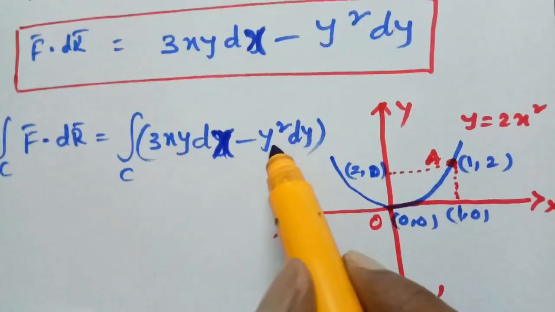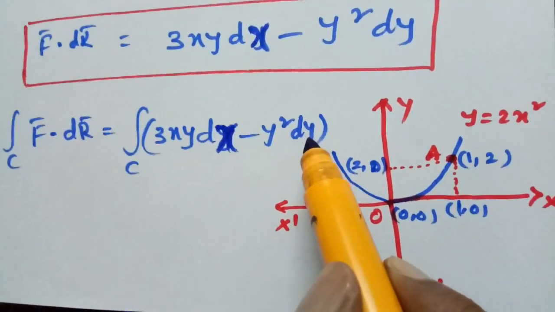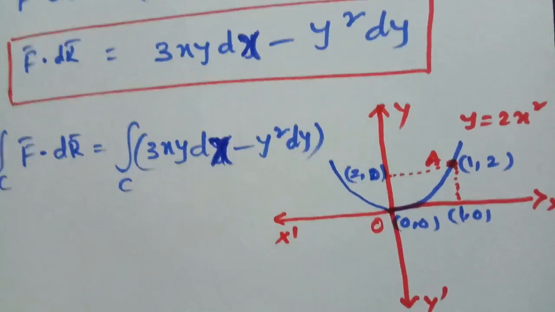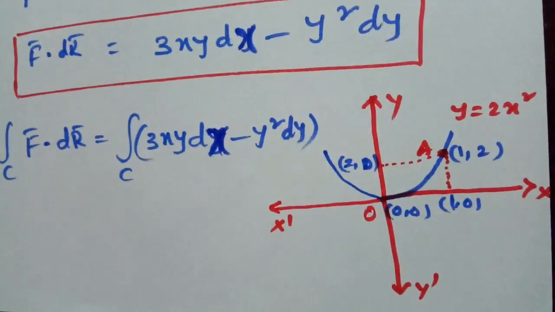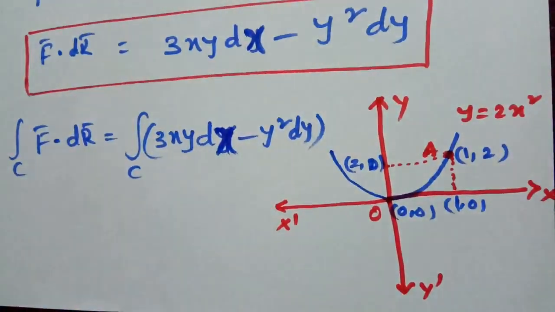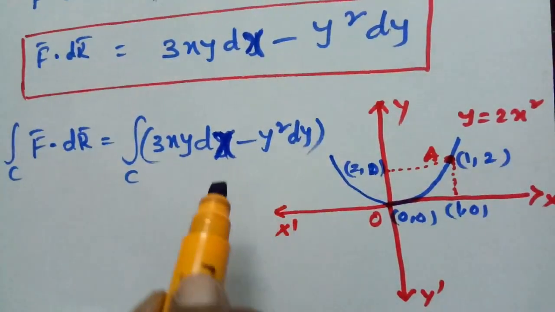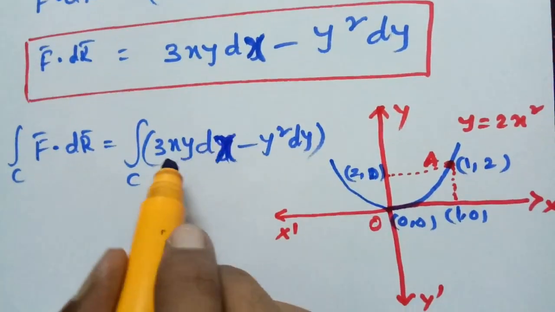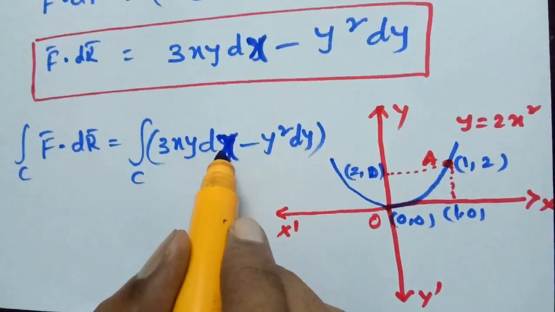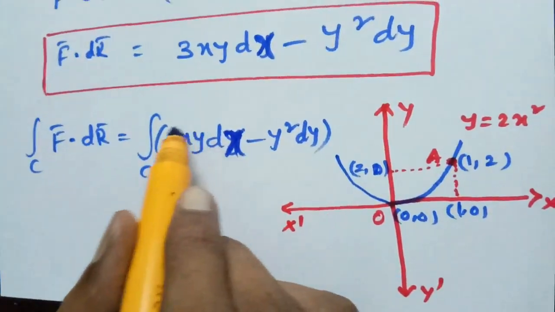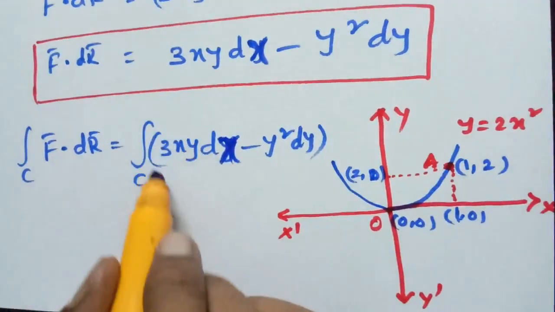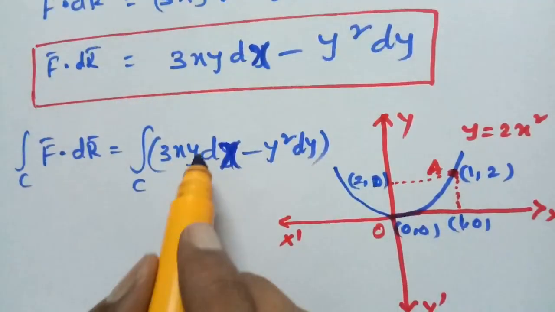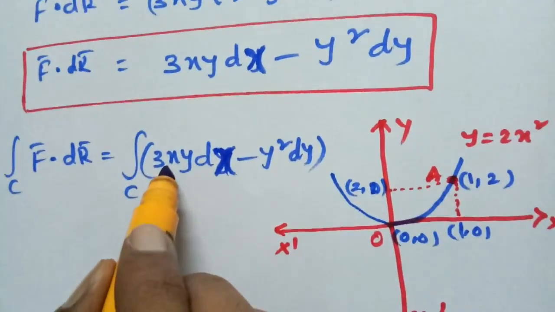Now we can comfortably integrate y square with respect to y. But in the first integration, 3x into y with respect to x, it is not a double integration, so there is no possibility of keeping y as a constant. It is a single integration with respect to x, so all the variables must be in x only, or otherwise completely in terms of y.